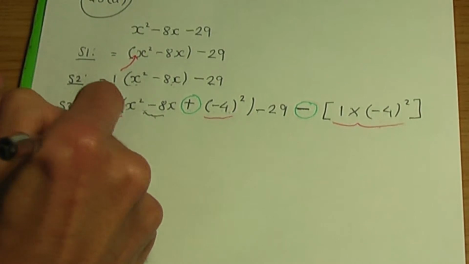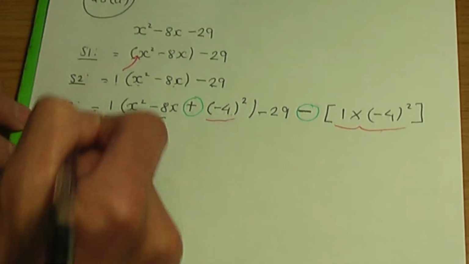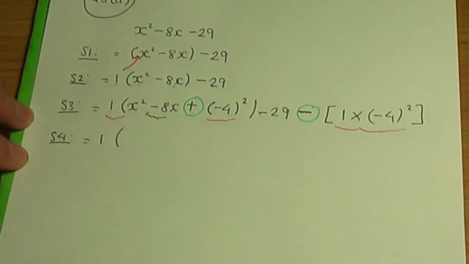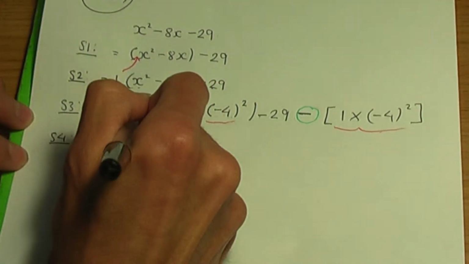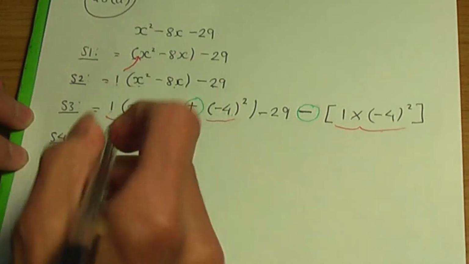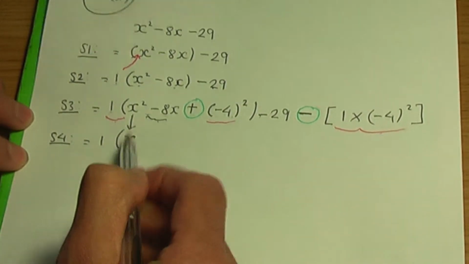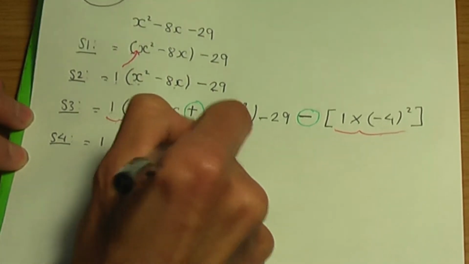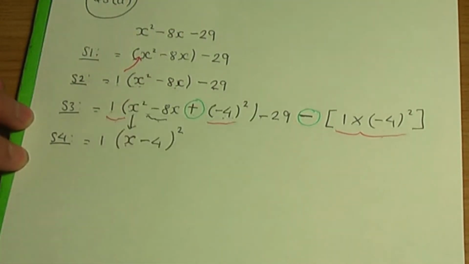Now that takes us to step number 4. Copy down the number that you have over here, the 1 in this case. Write down one of these x's, so write down 1x from here. Write down one of these minus 4's, close the bracket and square.